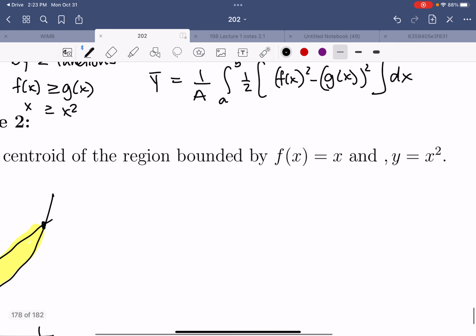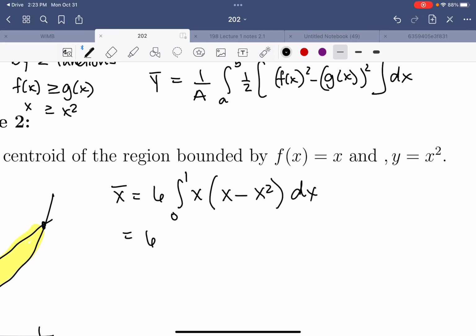So in order to create our x bar, we want 1 over the area. The area is 1/6, so 1 over 1/6 is 6 times the integral from 0 to 1 of x times my functions subtracted from one another. The top function is x, the bottom function is x squared dx. So we got 6 integral from 0 to 1 of x squared minus x cubed.